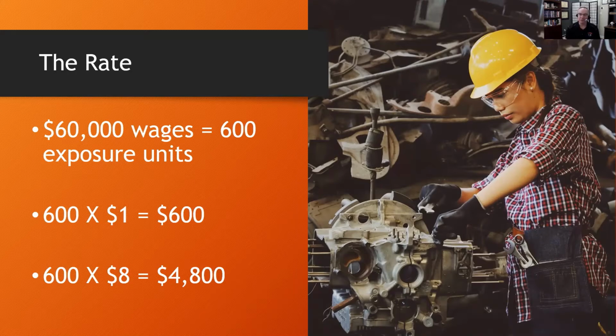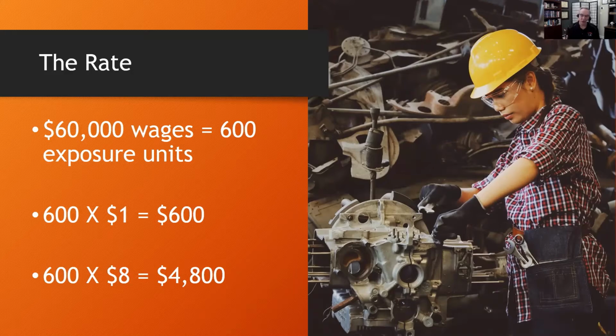But let's say, for our example, that the rate for a desk worker is $1, and the rate for a high-rise construction worker is $8. And let's say that each of these workers earns $60,000 a year. That $60,000 is going to be 600 exposure units. For the desk worker, 600 exposure units times the $1 rate means that the cost to provide workers' comp for that worker for 1 year is $600.